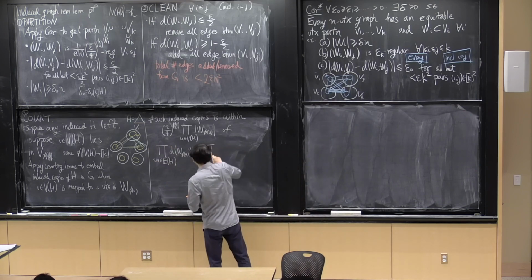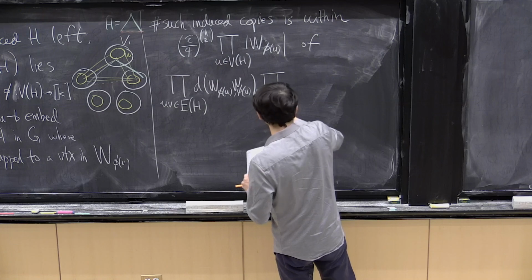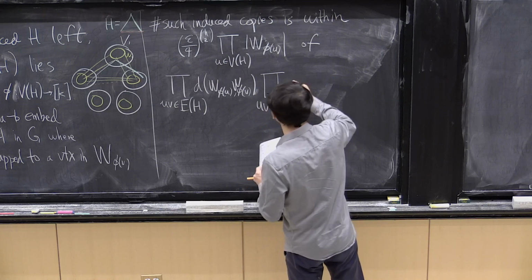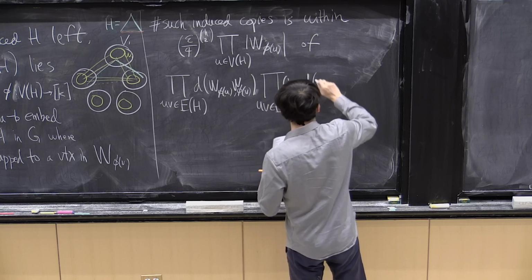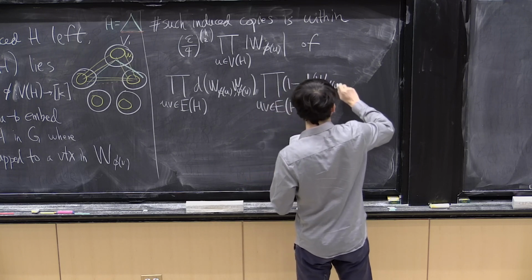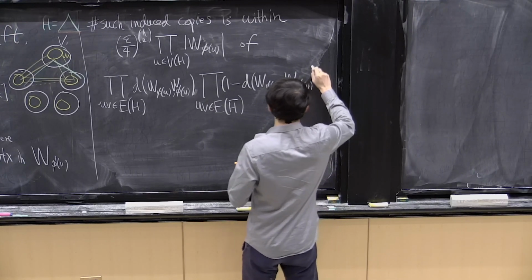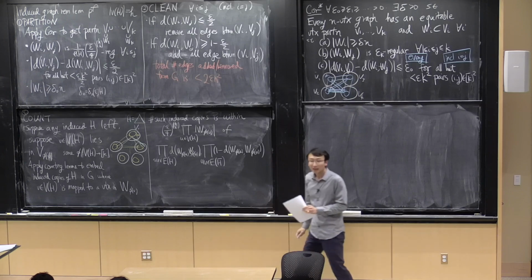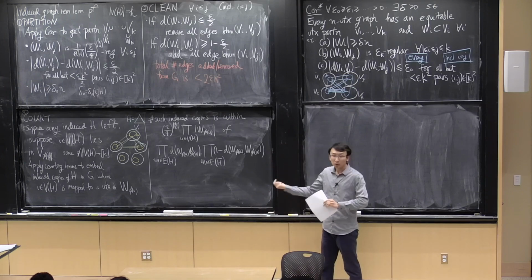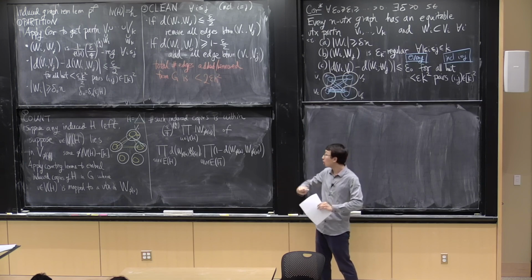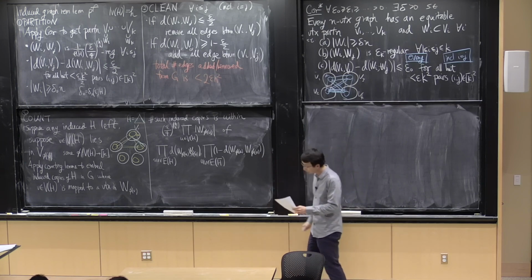And then I also need to multiply the densities for the non-edges. So 1 minus these edge densities. One way you can think of it is to consider the complement of G to get this version here.